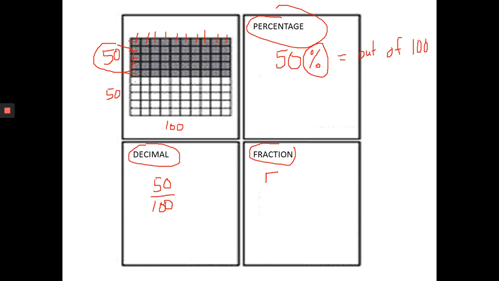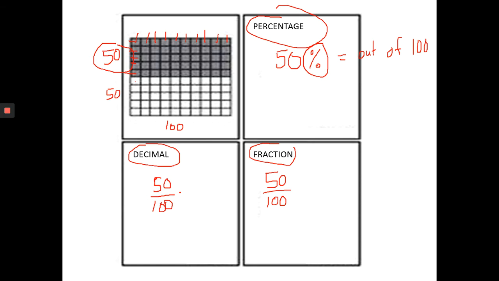Actually, that's the same as here. But you cannot get the decimal without going through the fraction, unlike the percentage, which you can get without going through the fraction. But here, let's go through the fraction so you will easily connect how we came up with the decimal.